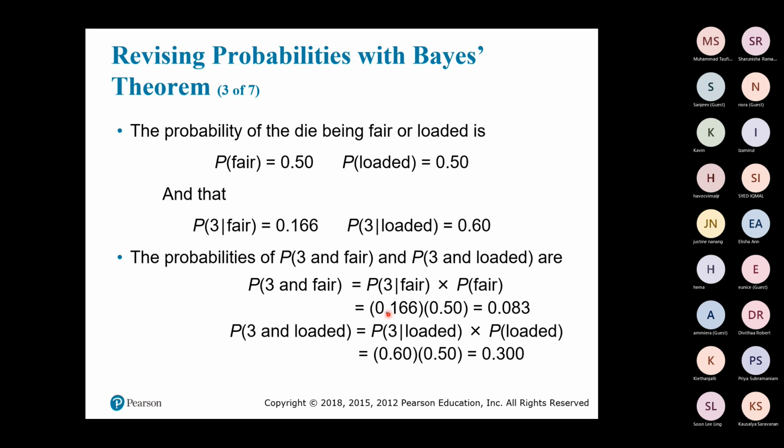So the probability is 0.166 multiplied by 0.5, and then the probability is 0.083.